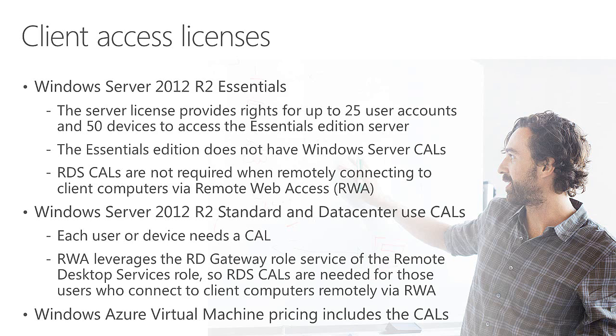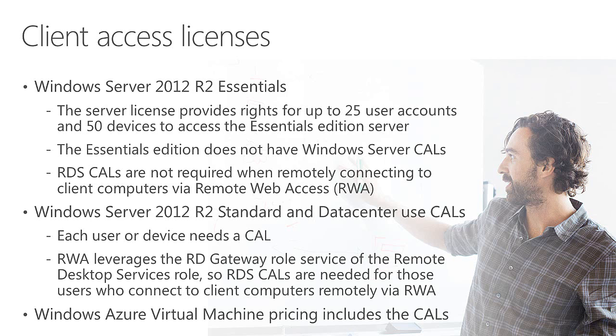Similarly, you do not get RDS CALs when you buy the edition, and RDS CALs are not required when you're remotely connecting to client computers via remote web access. The remote web access functionality that allows you to connect to remote computers uses RD Gateway, and that's important when we now have the Windows Server Essentials Experience role that's available in the Standard and Data Center editions.